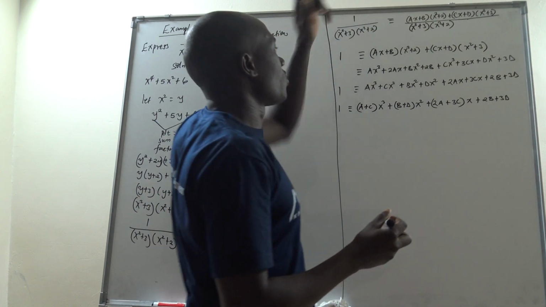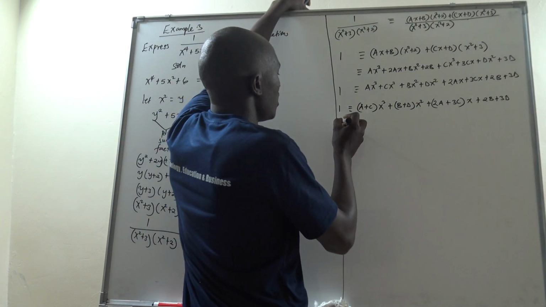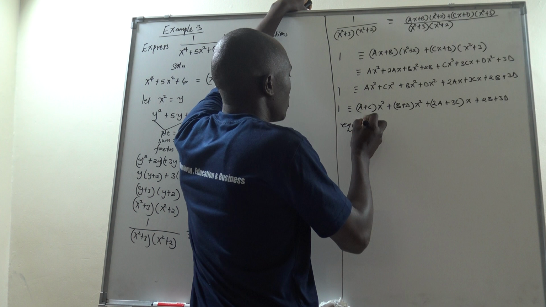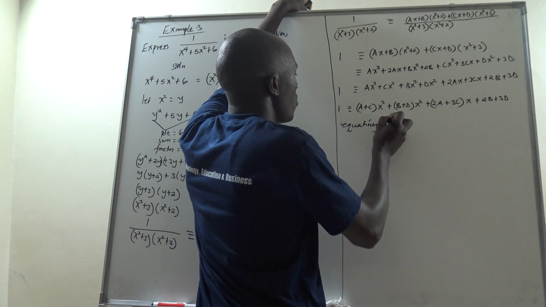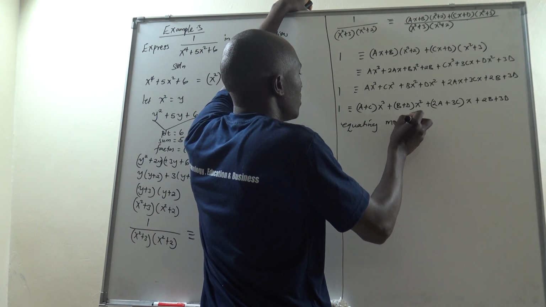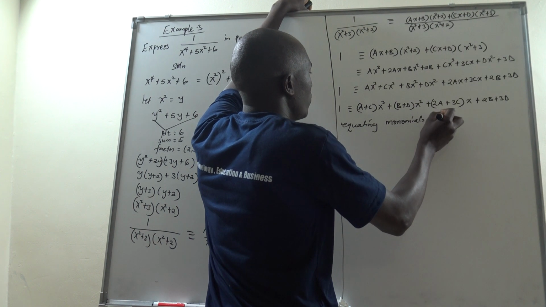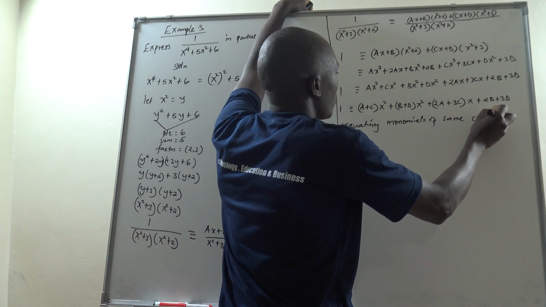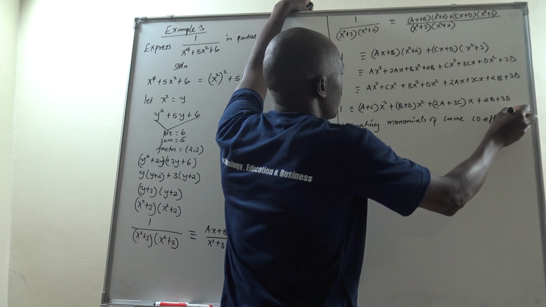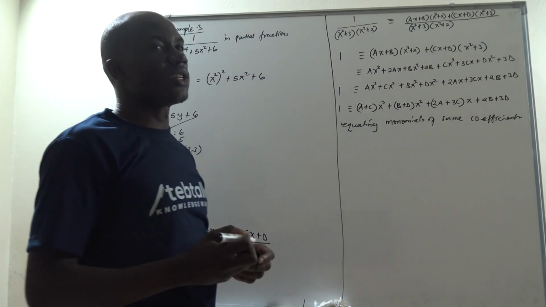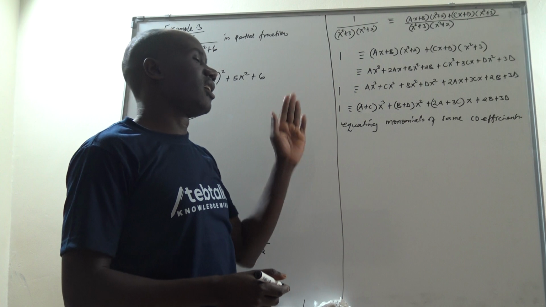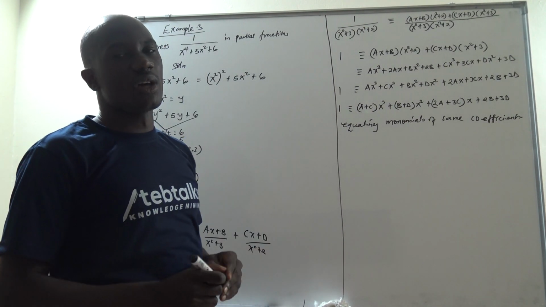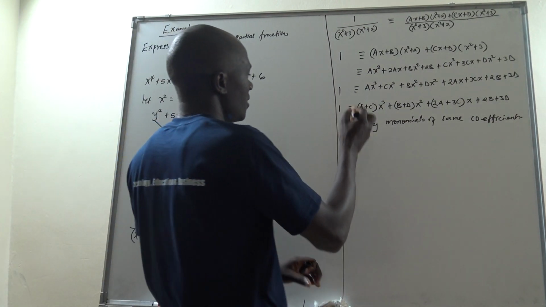So we are now going to use the same idea of equating monomials of the same coefficients. We start equating those in the left-hand side together with those in the right-hand side.